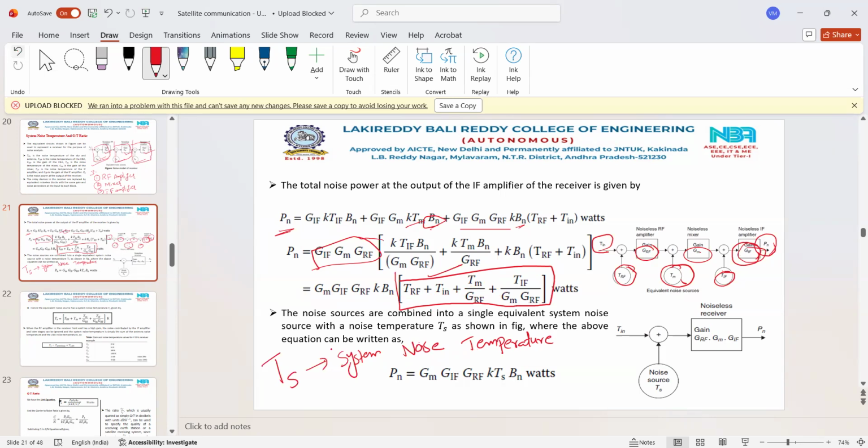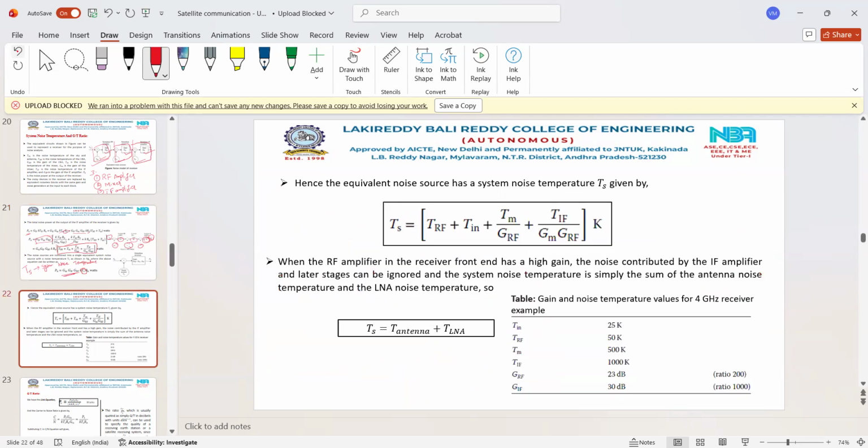Why? Because this temperature term represents all components of the system: the RF amplifier section, the mixer, and the intermediate frequency amplifier. So we replace this term with TS, and the noise power becomes GM into GIF into GRF into K into TS into Bn. Hence the equivalent noise temperature is TS equal to TRF plus Tin plus Tm by GRF plus TIF by GM into GRF.